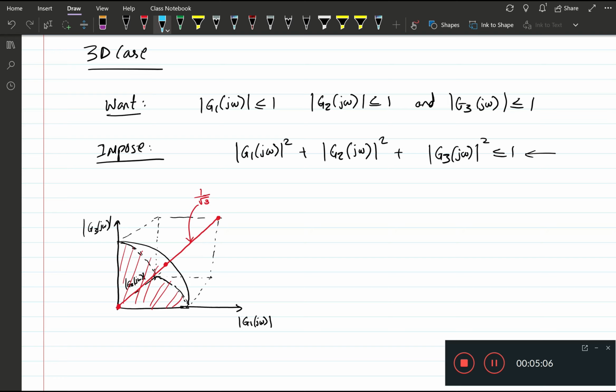So the conservatism is the remaining volume, and if we want to find the error in terms of this length divided by the maximum length, we can see that that would be 1 over root 3, because this length is root 3 and this is 1.